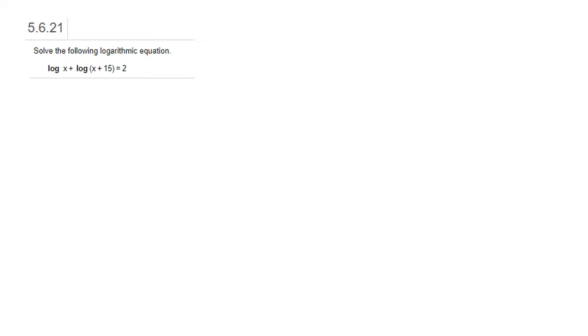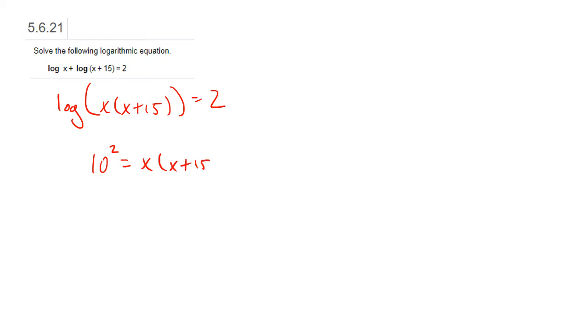All right, we've got the sum of two logs on the left, so let's condense that as a single log of x times x plus 15. Now, in this book, logs without a base specified do refer to base 10, so this is a log base 10. So let's convert this into an exponential. 10 squared is equal to x times x plus 15.